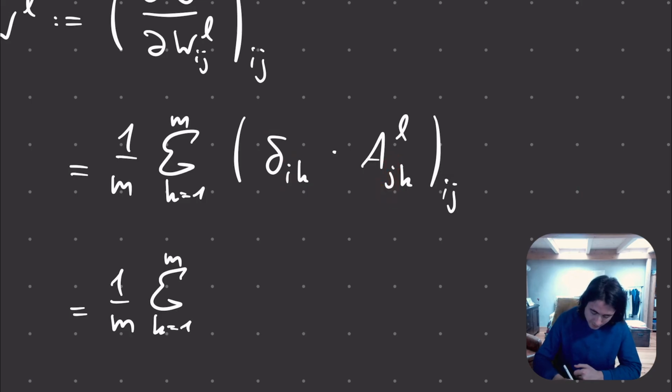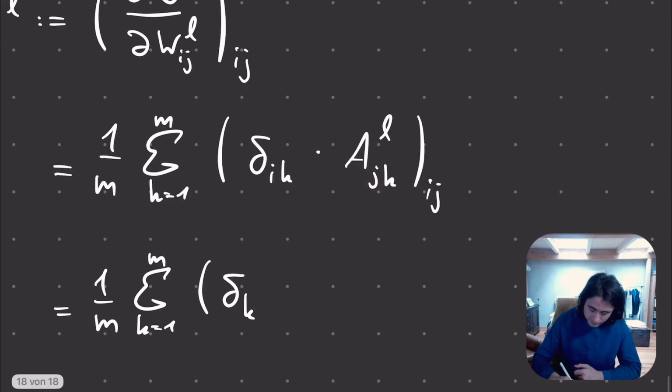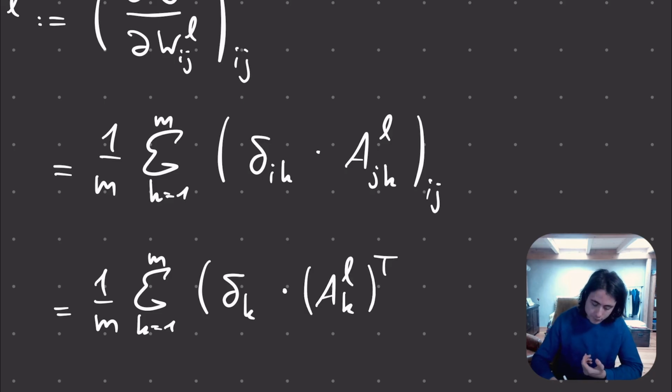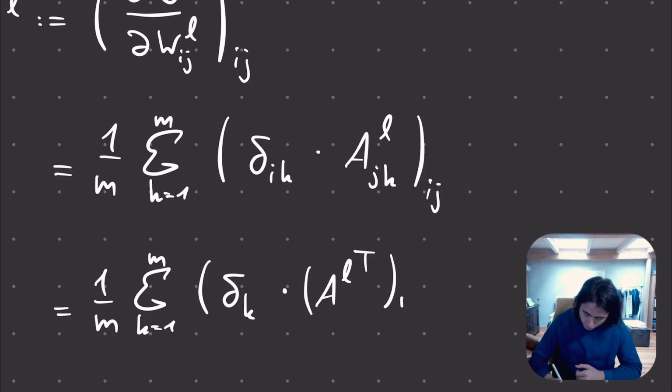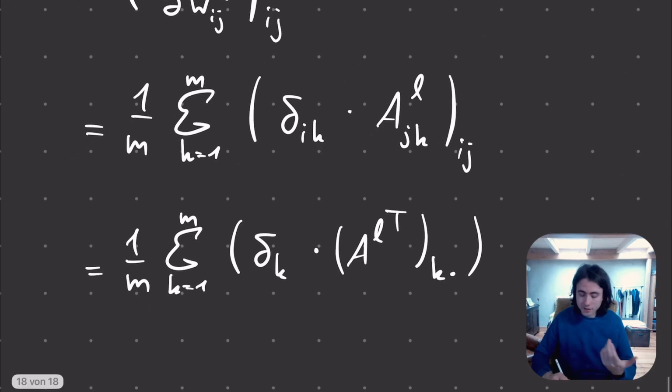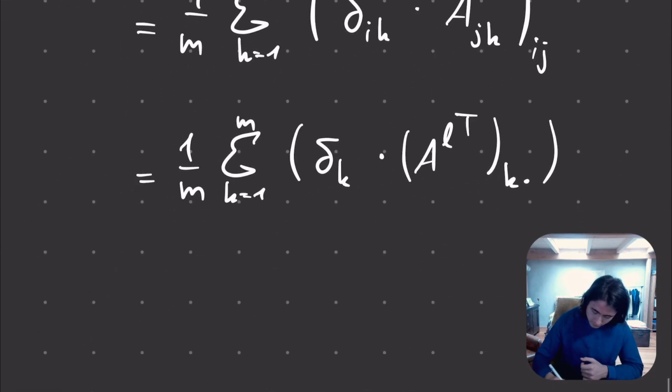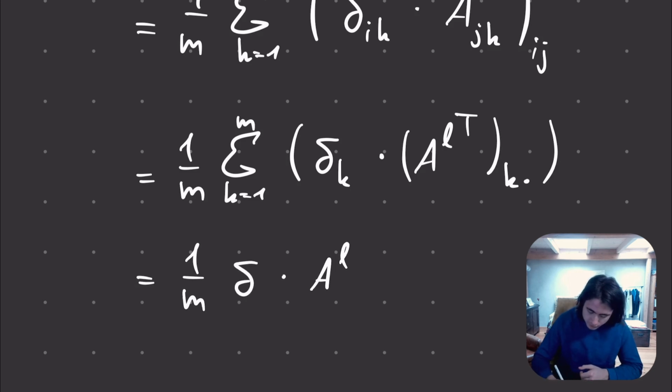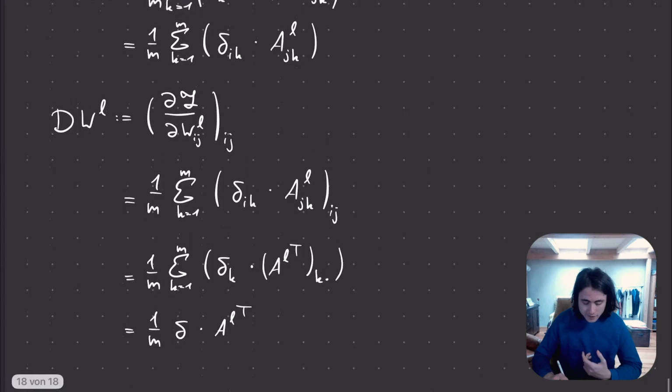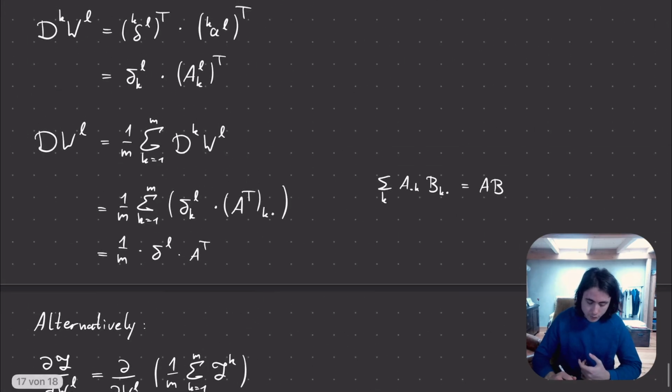This is the same as taking the column vector delta k times the column a_L^k and transposing it, which, as we have seen before, is just the same as first transposing the matrix A_L and then taking the kth row. And so that's exactly the same expression as we had before, which means that we also get the same result, delta and A_L transposed. Okay, so these are two ways to get the same result.